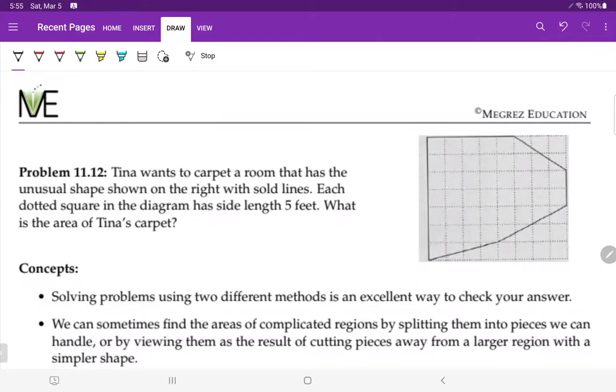The goal is to get the area, okay? So we need to divide this shape into many shapes, and each one of them has a 5 feet length. You may multiply by 5 at the end, but we're looking for the area, not the perimeter.